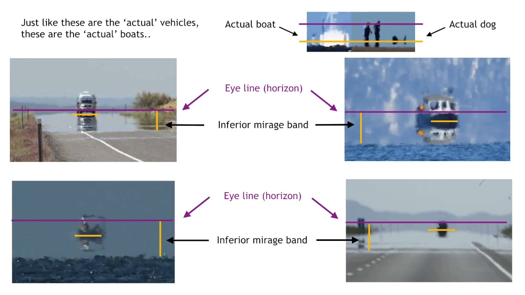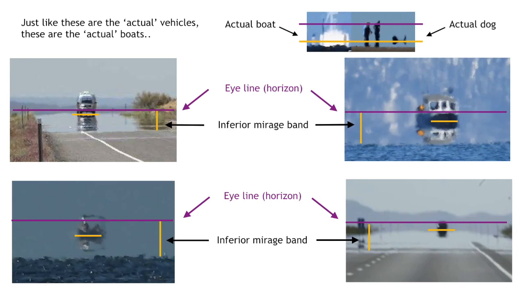And you can see the bottom of the inferior mirage where it intersects the camper, where it starts to invert. That's a false horizon line. That's just the inferior reflection point of that object.